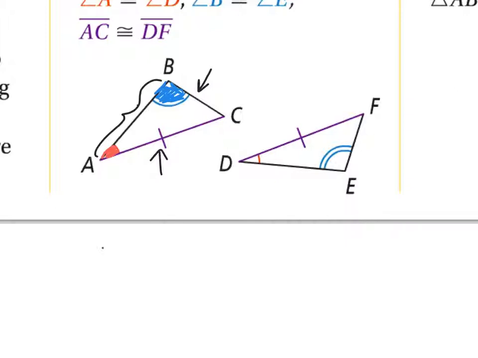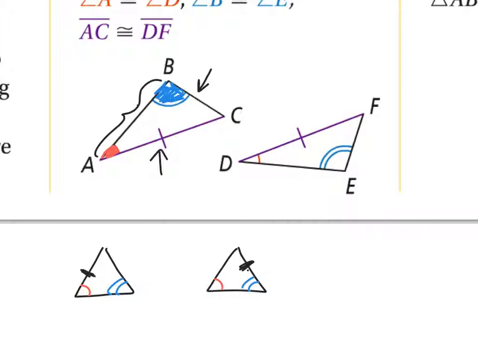If I have two triangles here, and I know that this angle is congruent to that angle, and that this angle is congruent to that angle, and that this side is congruent to this side, I know two angles and a side that's not between them. So I have an angle and a side, but it's the wrong side.